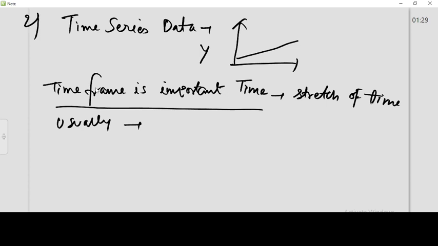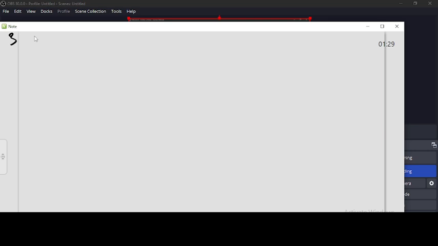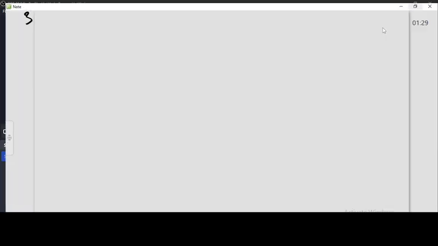Now let's move to the next type of data, that is your pooled cross sectional data. When we were talking about cross sectional data, we mentioned that we collect data on multiple entities at a particular point of time.